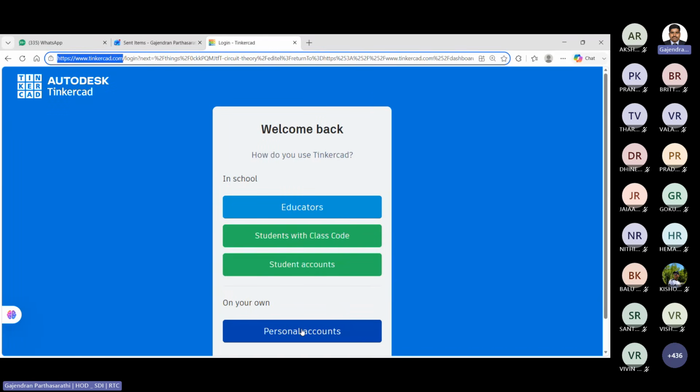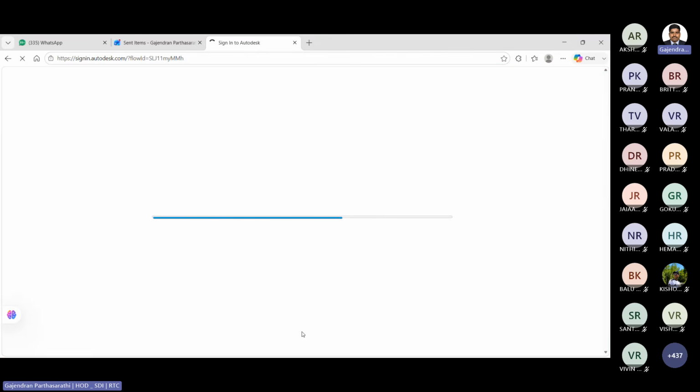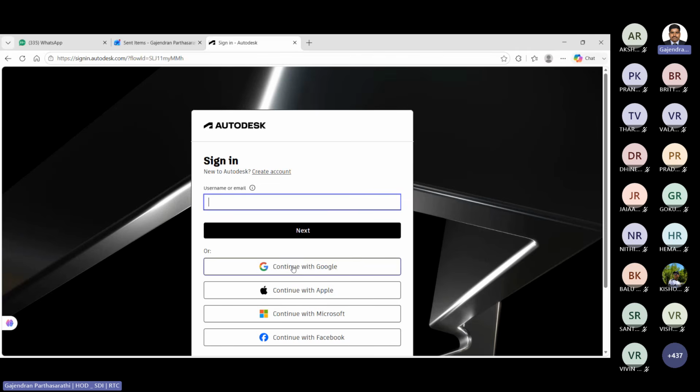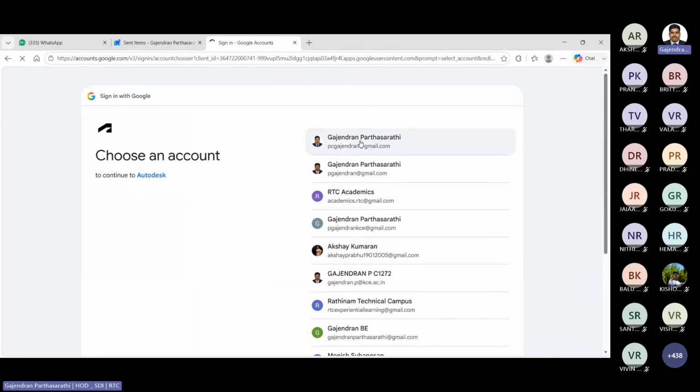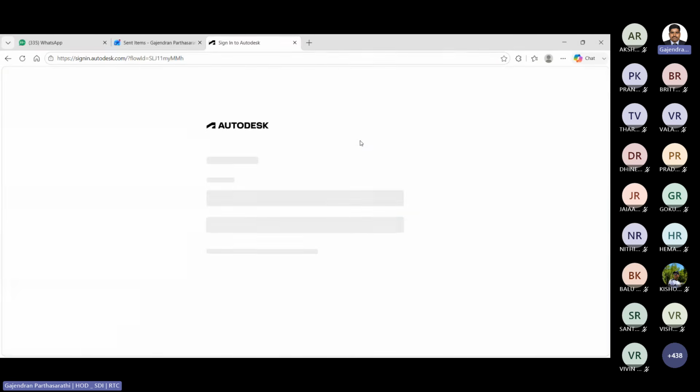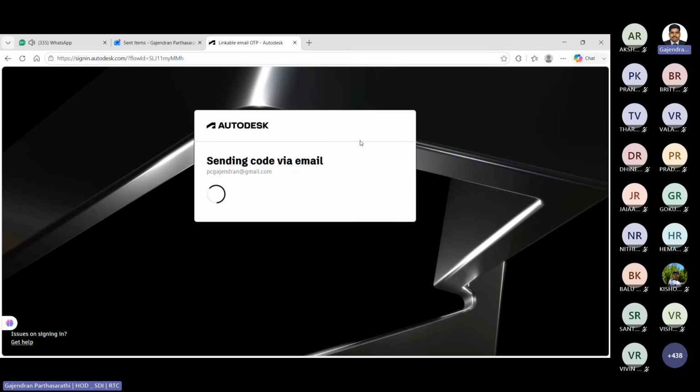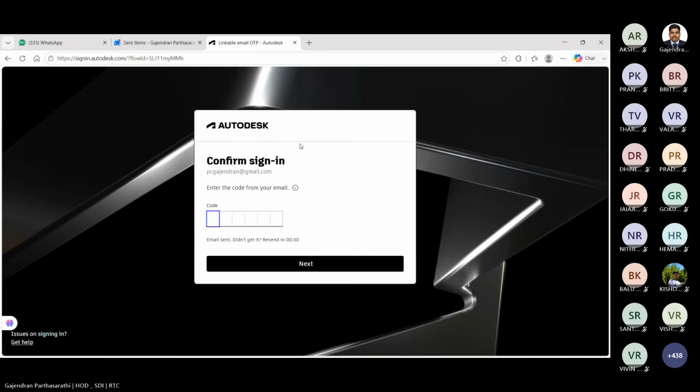So now I am getting into Tinkercad using my personal account. Already I have a Google login credential, so I'm making use of my Gmail login credential to get into Tinkercad. It's asking for a verification code. Wait a minute. If it asks for this kind of verification code, go to your respective mail ID.